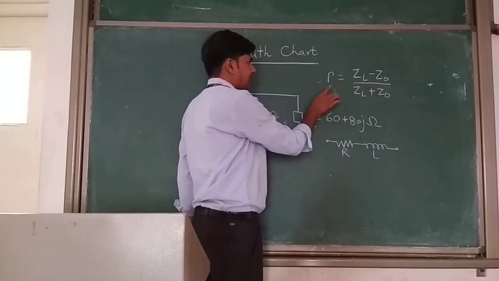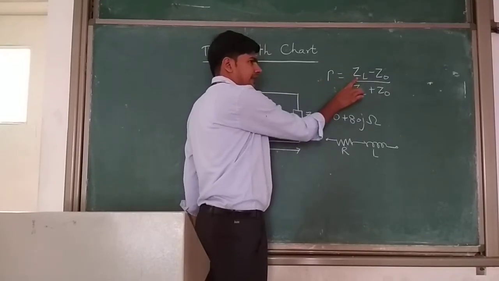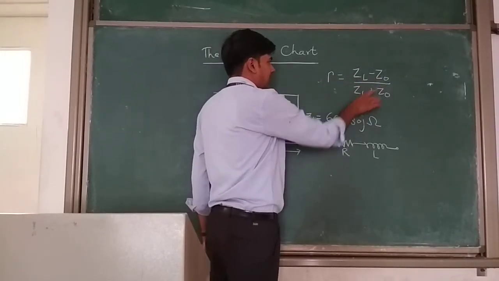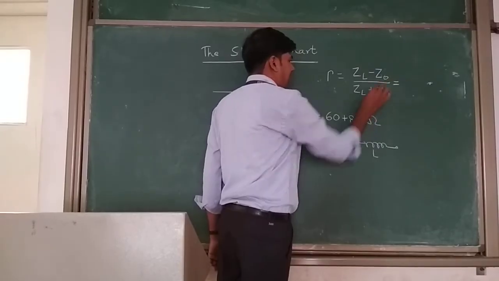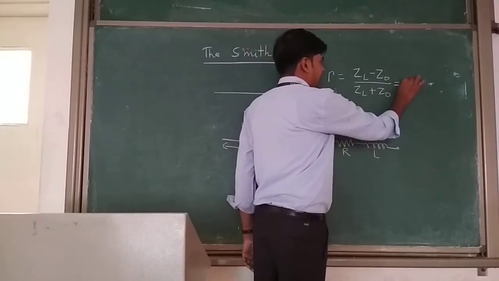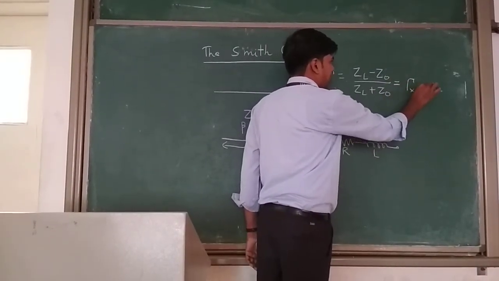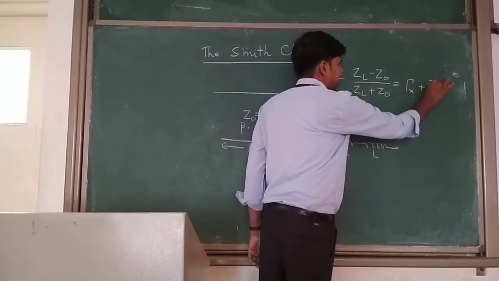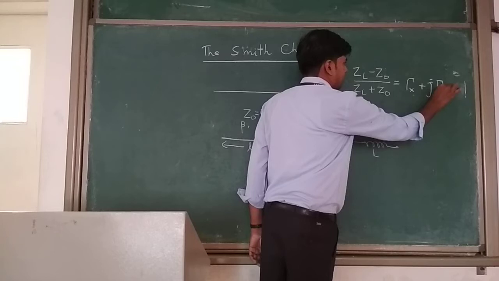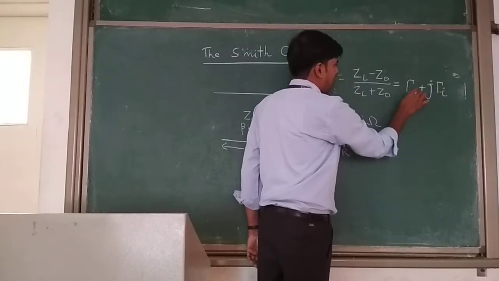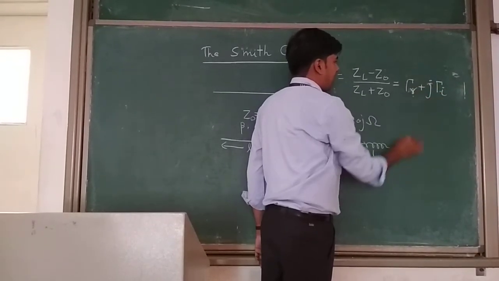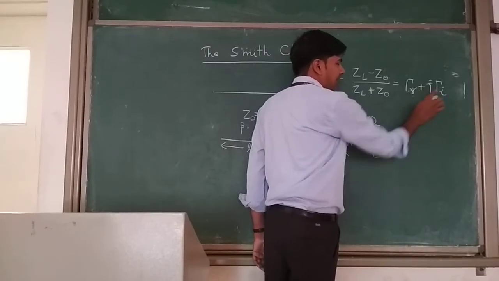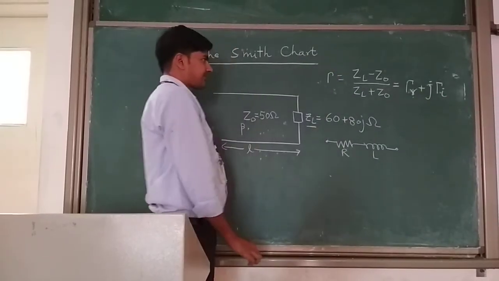As you can see here, ZL is a complex number, and after this calculation you will have a complex number. So you can say that this will be in the form of gamma r plus j gamma i. R means real part, I for imaginary part.